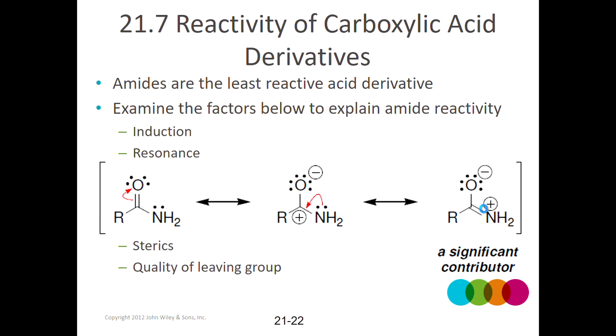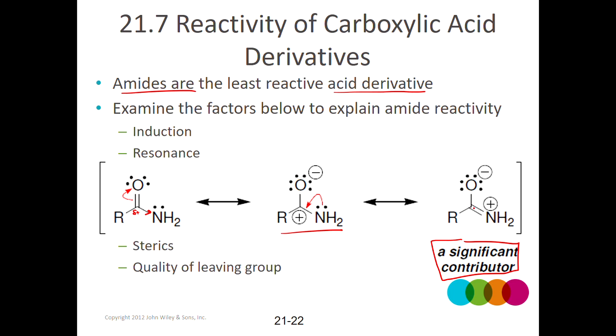So as we were saying, the amides are the least reactive of the carboxylic acid derivatives, and one, because nitrogen's not as electronegative as oxygen. It doesn't really pull as much electron density away. Plus, since the nitrogen can donate electrons in, this is a more significant contributor than even this one, because we have complete noble gas configurations here.